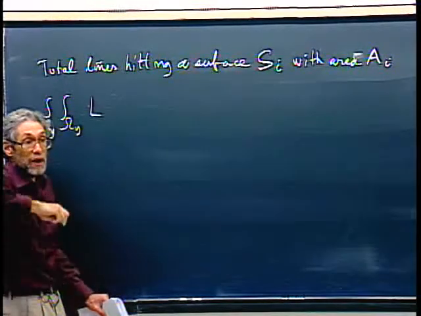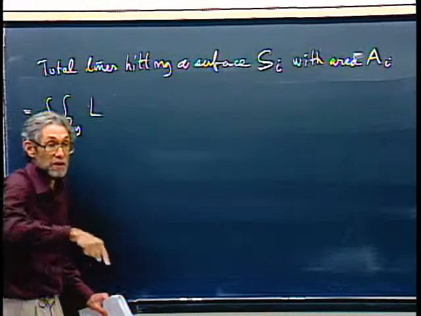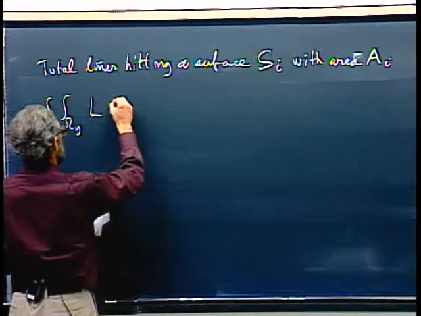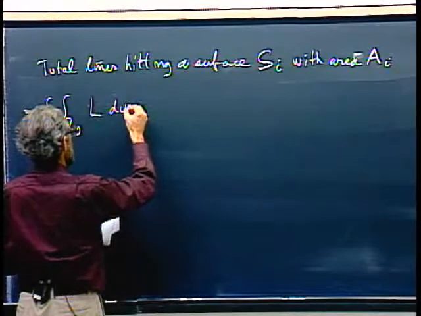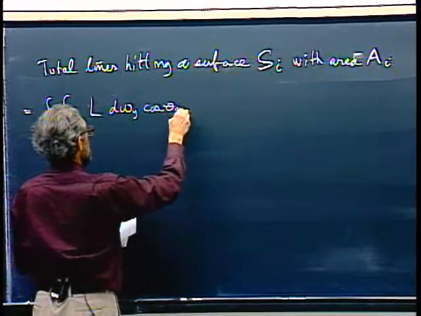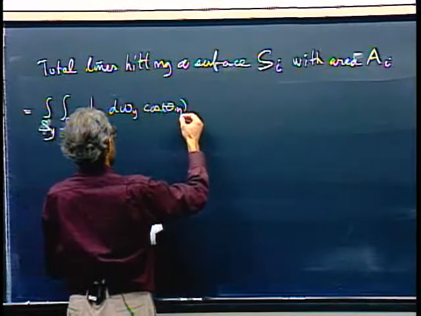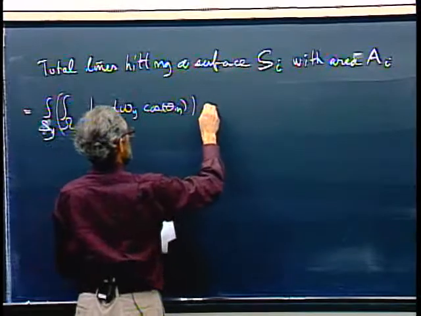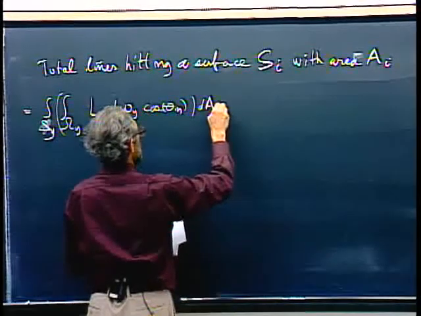And remember, we don't care about obstructions in there because the lines are continuing anyway. Of this constant L times d omega at y times cosine theta y, and then that integral times dA at y.